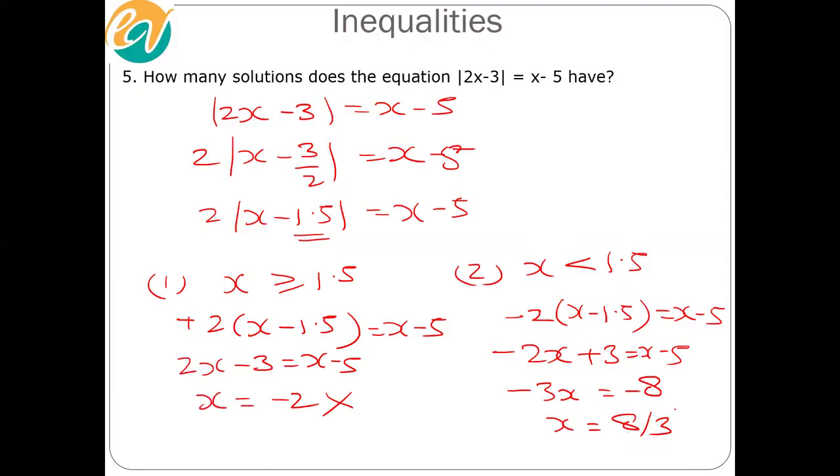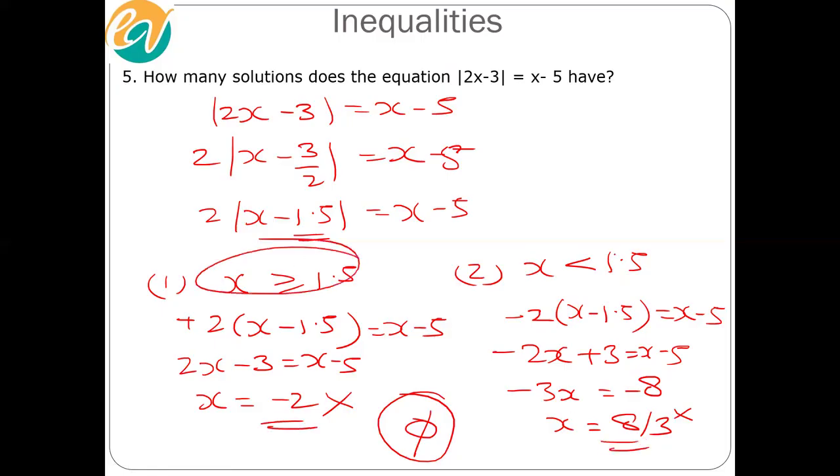No. So how many solutions does this have? No solution. Are we clear? As we always discussed, whenever you get a solution, make sure that it satisfies the condition. So 0 solutions.